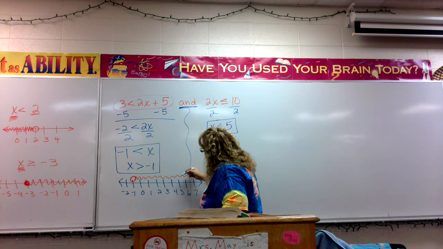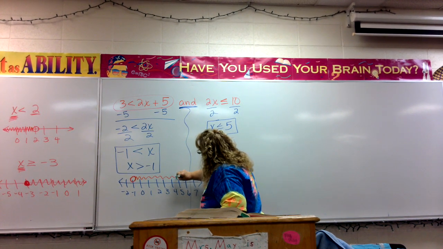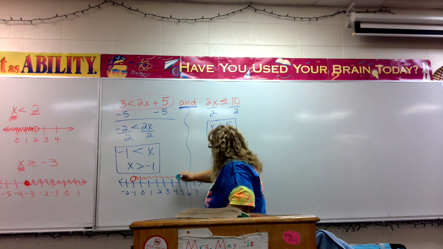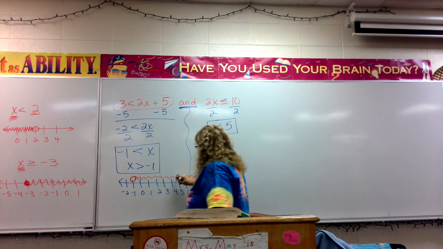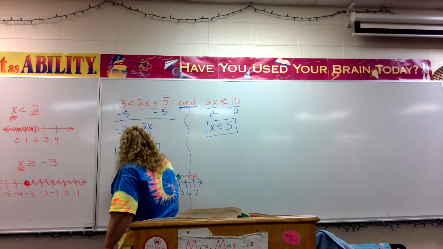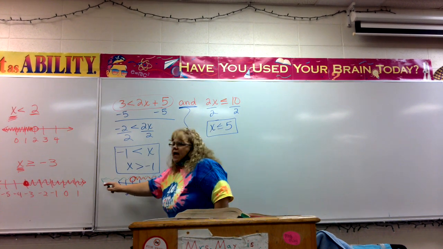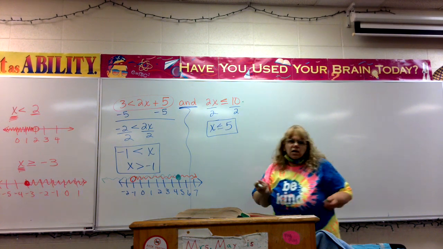Go to 5, color it in or not? Color it in this time. And which way are the values less than 5? To the left. So from here down, any value that I pick will work in this inequality.